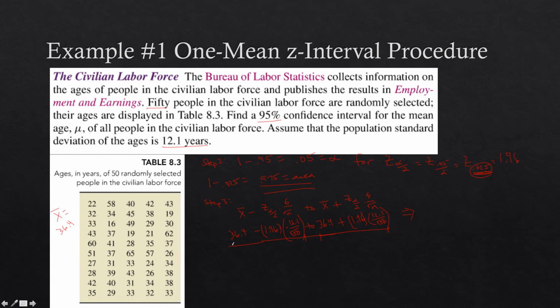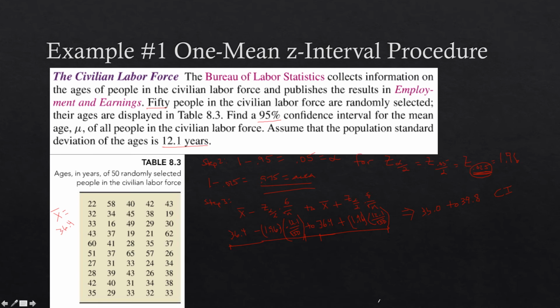So from here to here, you should get 33.0, if we round to a tenth, to 39.8. Now this is your CI. This is your confidence interval. All right, now just do the math. You should get 33.0 to 39.8 there.